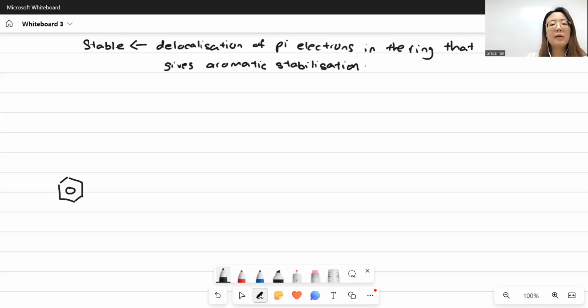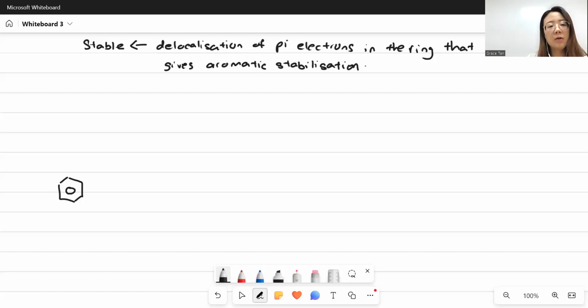Therefore, if you want to react with a benzene ring, you may need a catalyst to facilitate, you may need to heat it up to increase the rate, or you may need to use concentrated reactant to help benzene react in the manner that you want. So that's the first thing you have to consider.